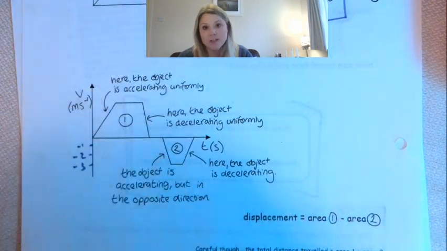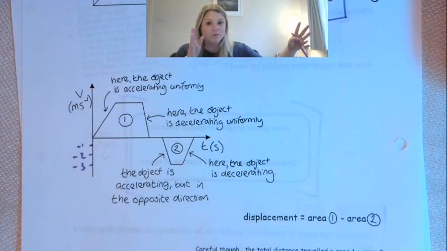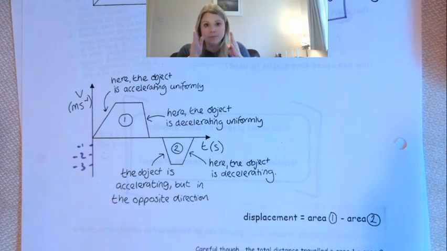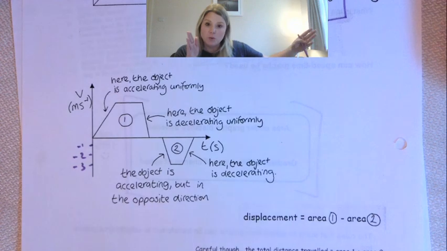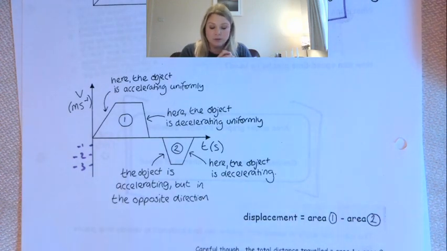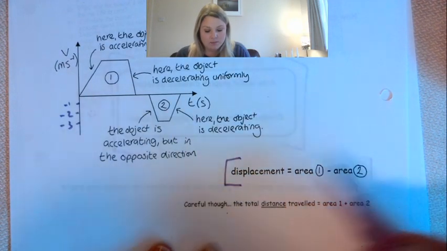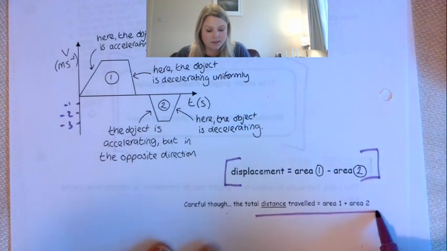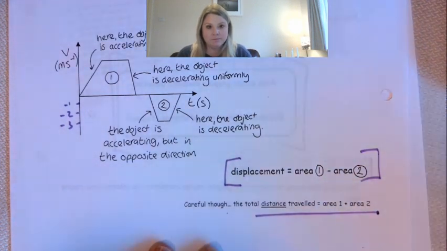It's going the opposite direction. So it's like it's gone over here, it stopped for a while, and then it started to come back again. So its displacement is going to be much less than the total distance that it travelled. Okay, so displacement and then distance travelled is that.